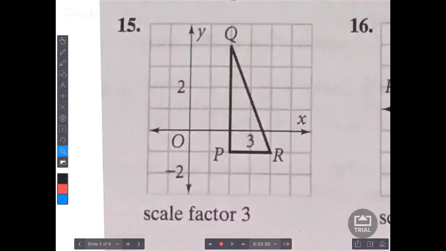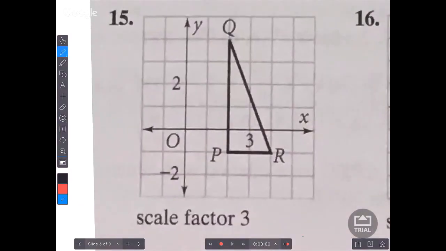Over here, I want to dilate by a scale factor 3. I'm going to think about this one geometrically rather than algebraically. So I'm just going to say, here's my distance, this is the distance from the center to P, and I need to make that distance 3 times as long. So I'm going to do distance, distance, distance.